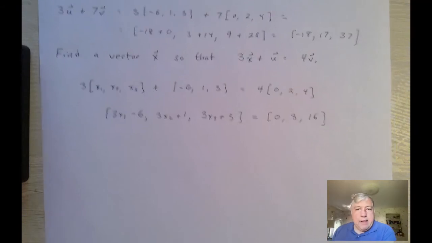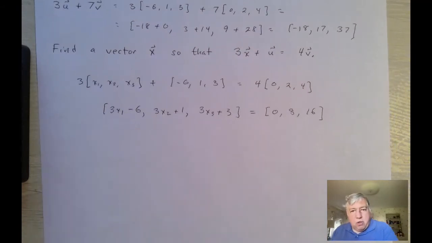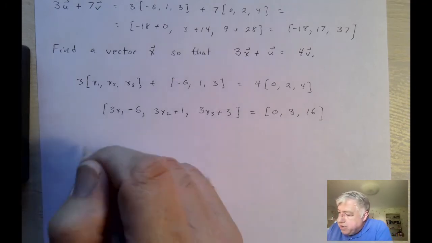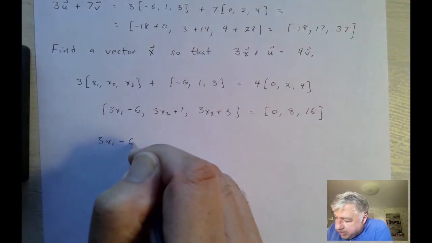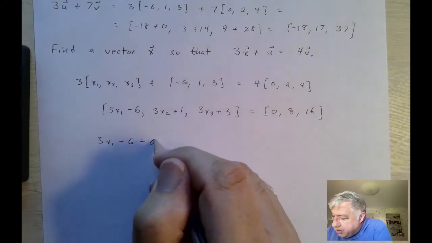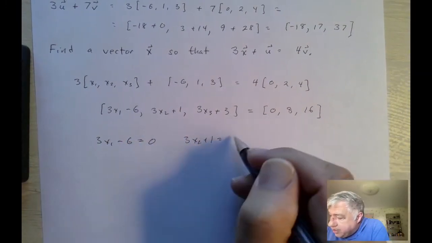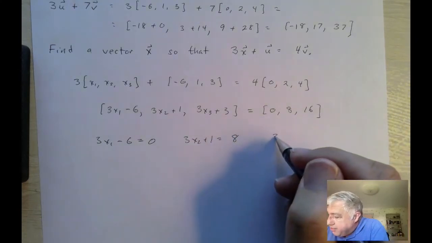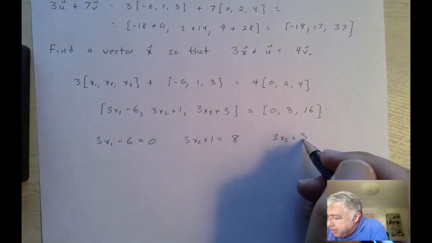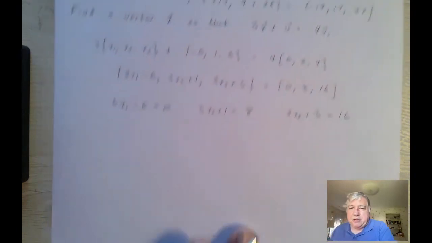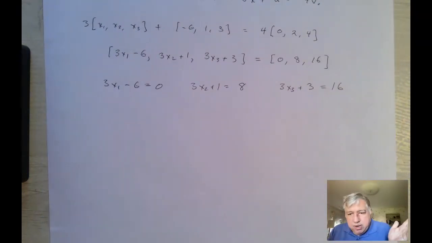Now, the only way 2 vectors can be equal is if all their corresponding components are equal. So 3x1 minus 6 has to be equal to 0, 3x2 plus 1 has to equal 8, and 3x3 plus 3 has to equal 16. So we have three very simple algebra equations to solve.